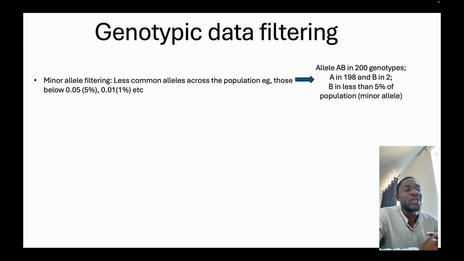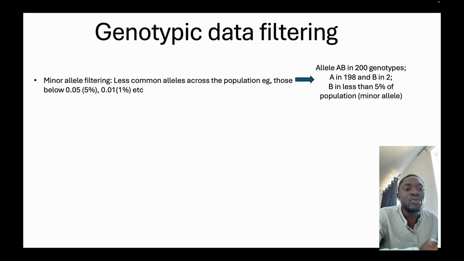These are the minor alleles you want to filter or remove from your SNP data set because they are less informative, and even if they are significantly associated with your phenotype, the GWAS model may not be able to detect these SNPs. So you want to filter these SNPs from your data.